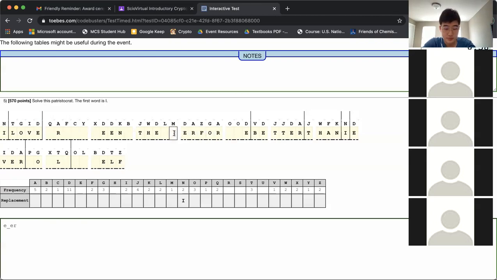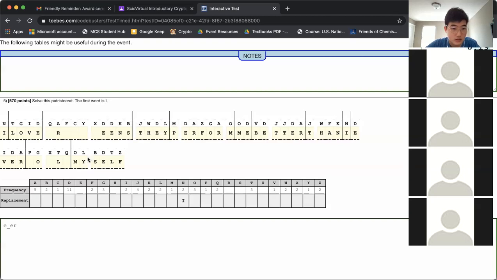So this is perform me, which makes absolutely no sense, right? You don't perform a person, but I think they're saying like they imitate me or something. I think this is myself because there's a lot of words that end in self that you could use, like itself, myself, himself, herself, yourself, themselves, ourselves. But in this case, I think perform me matches up with myself. And it did end up, oh wait, it didn't end up being seen. Never mind. I had a little mix up in my mind there. So it's they.